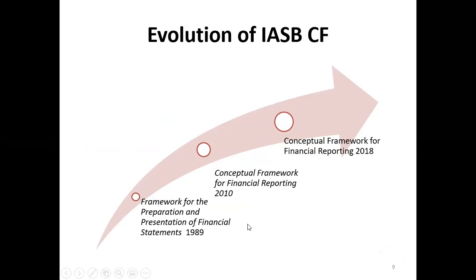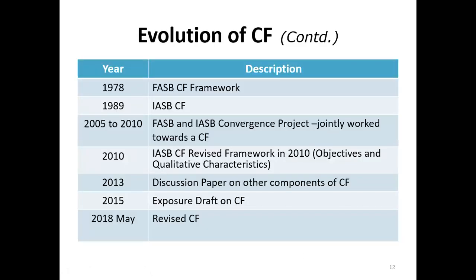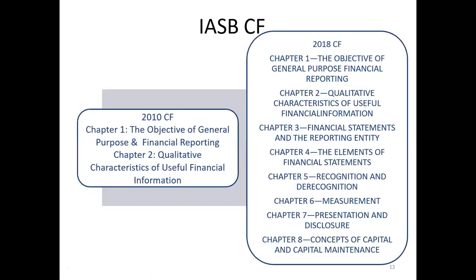The rest of the chapters were exactly the 1989 chapters. But by 2018, all the remaining chapters were also updated, and now we have the latest one. Right? So that is about the conceptual framework 2018.